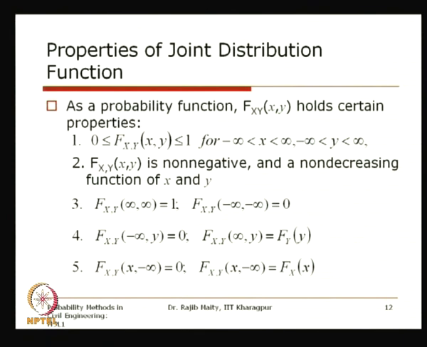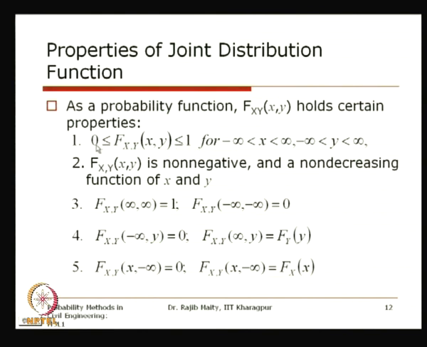Now when we are talking about this function, it should have some properties to satisfy, as we have also seen in the case of the single random variable. These distributions are limited by a lower value and an upper value, similar to the single random variable.